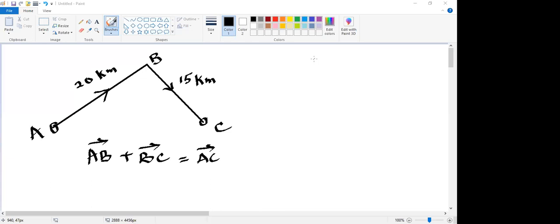When do we say that vectors are equal? Any trial?